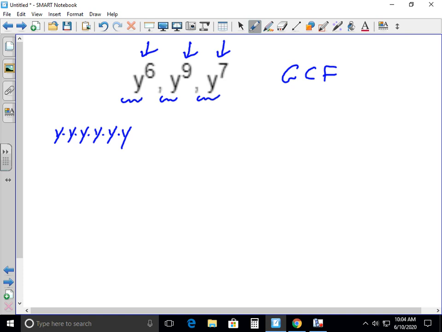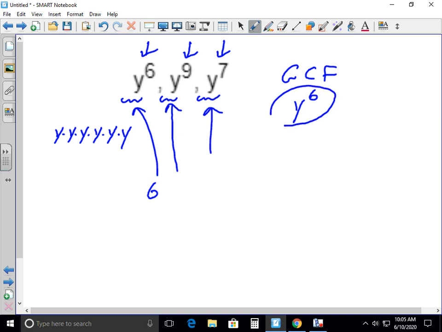So the first one has 6. Does the next one have 6? Yeah, the next one has at least 6. Does the next one have 6? Yes, the next one has at least 6. So our greatest common factor is y to the 6th. Each of those has at least 6 y's. They don't have any more than that.